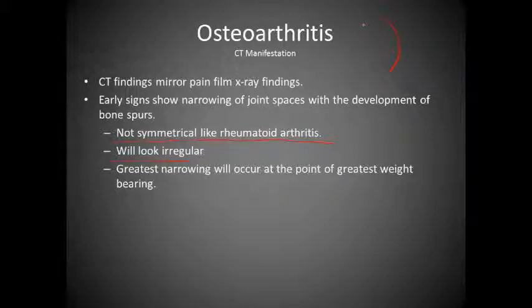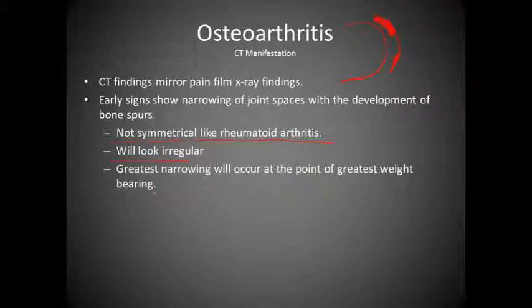For example, if you have a person's hip joint, let's say, you may see narrowing here, slight narrowing here. And so you may have higher degree of narrowing there.